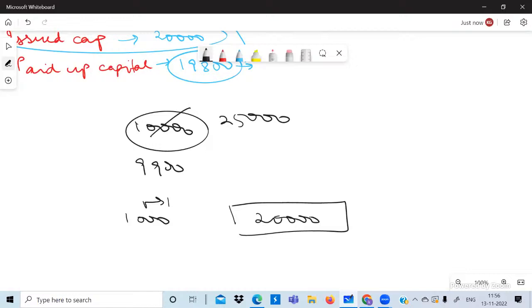So this is the IPO amount. Then after 10 years, I come with an FPO, which is, let's say, 14,000. So I'm still within that limit of 20,000. The company doesn't have a problem. But if the company feels that no, even after this, they'll come up with another offering, and that offering will be another 20,000, then they'll have to revise this limit and they'll have to file the necessary documents, pay the fees, and revise the authorized share capital.